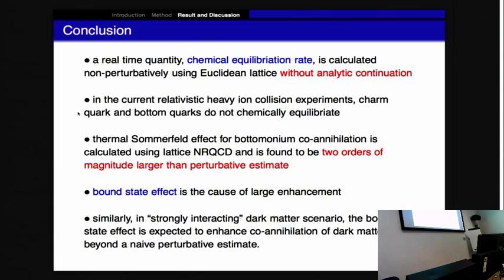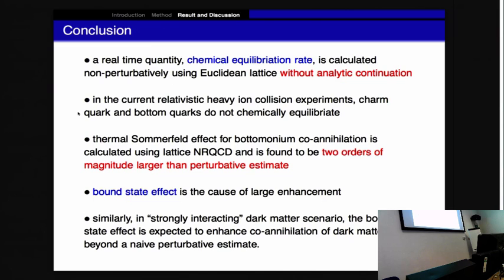Not bad news. It's already known that the bottom quark doesn't thermally equilibrate its number density in the current generation of heavy quark experiments. The lifetime is a few tenths of a fermi, and this comes out around 150 in terms of order of magnitude.